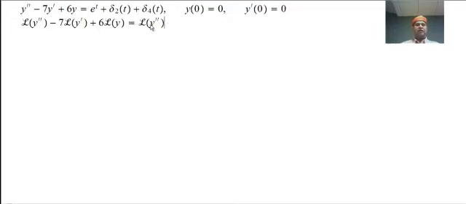Then we have Laplace of e to the t, plus Laplace of this direct delta at 2. And then we got this forcing at 4.